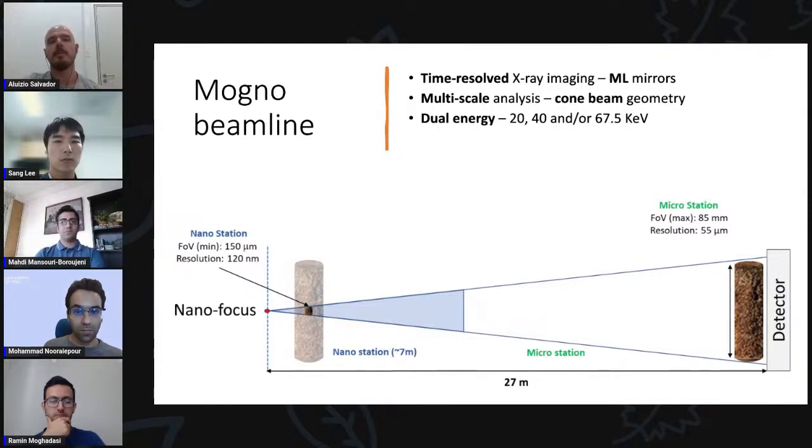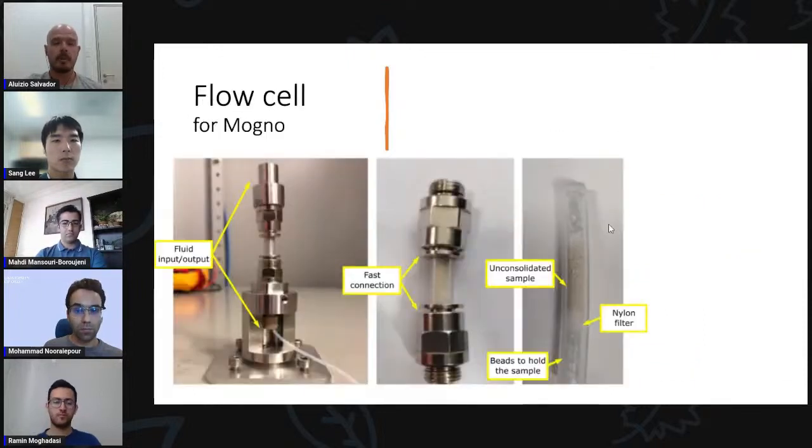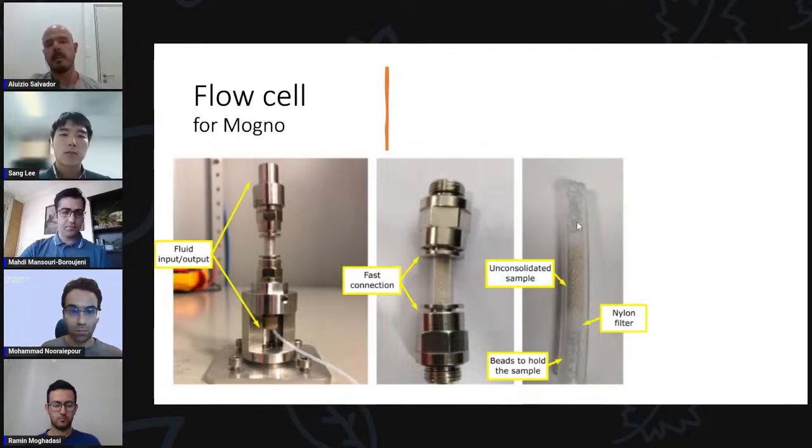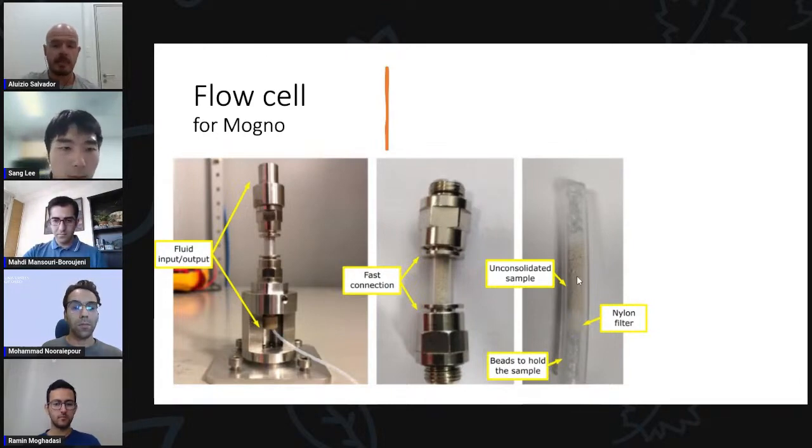However, due to its characteristics, we cannot use the same device that we use in the Carnaúba beamline. So in the Mogno, we are going to use this flow cell. This flow cell was developed here by the Mogno team, and it uses nylon filter and beads to hold unconsolidated samples inside this PFA tube.